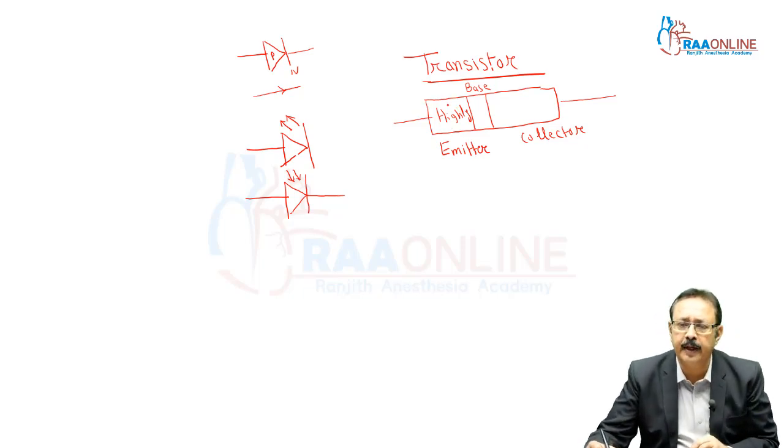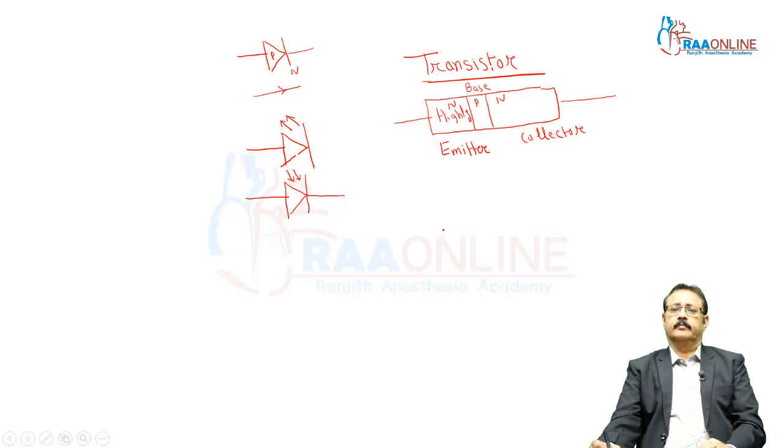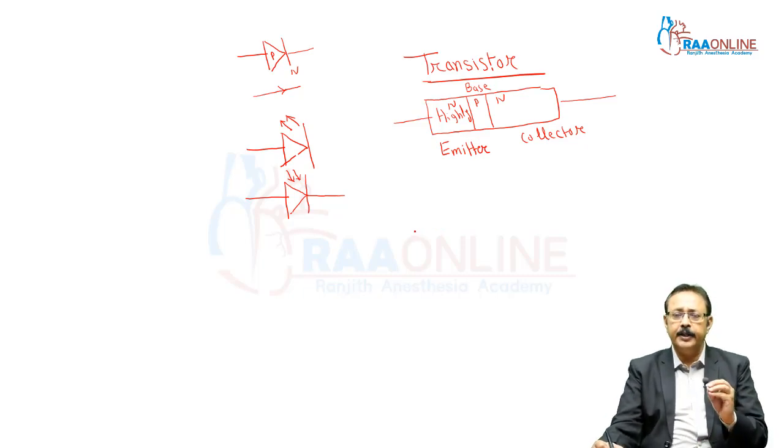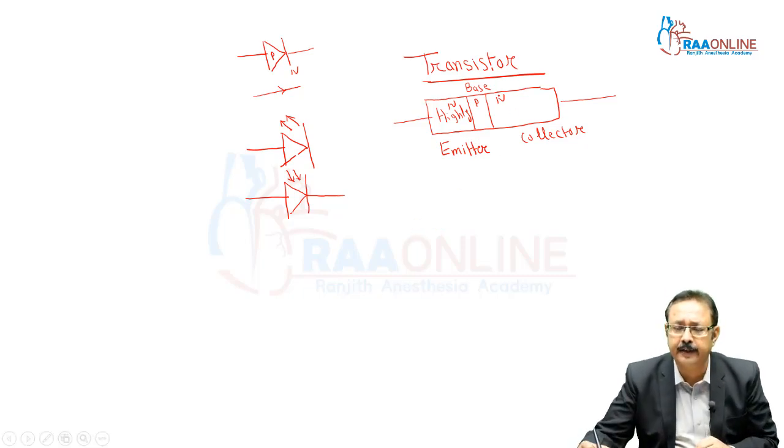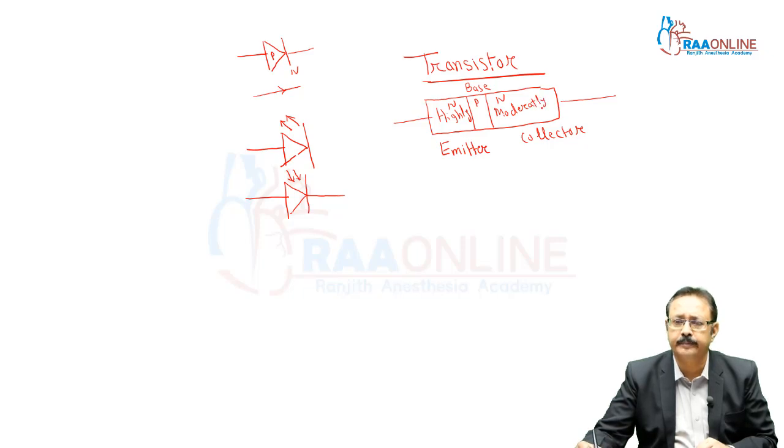If it is NPN, we put fifth group impurities in this part. It is highly doped, and collectors are moderately doped, and base is lightly doped.